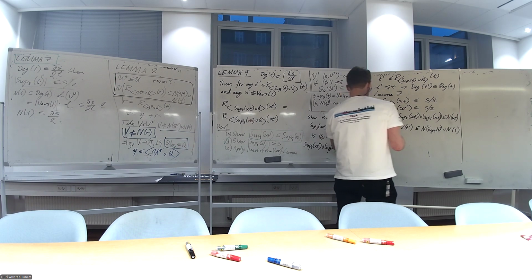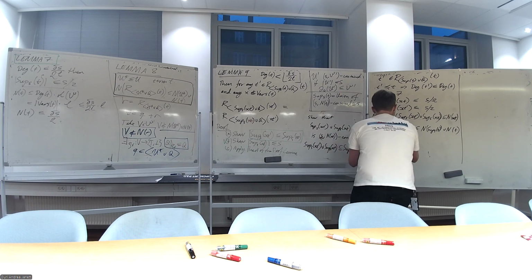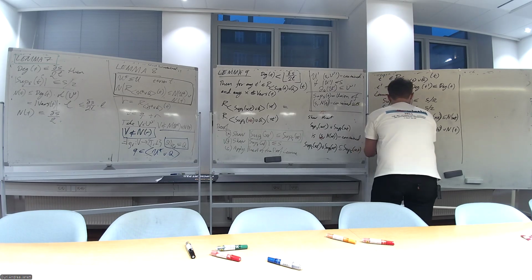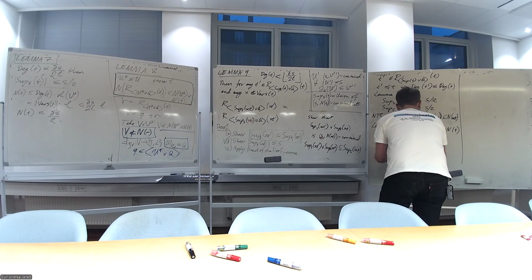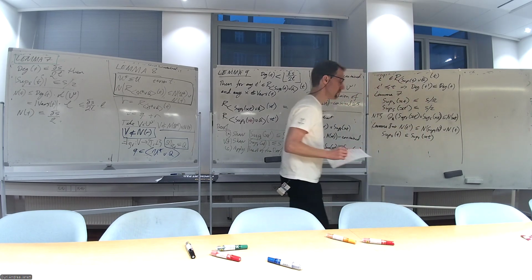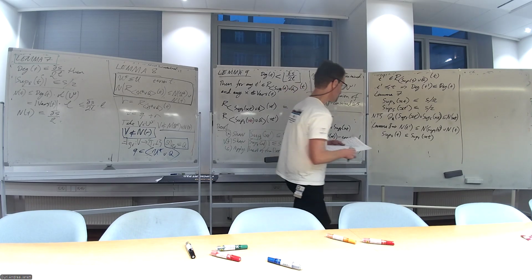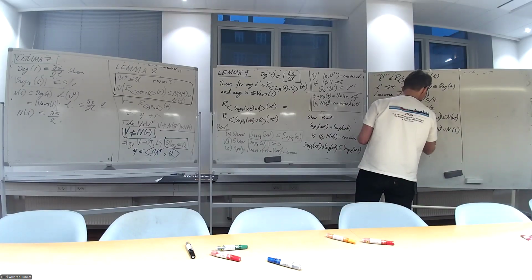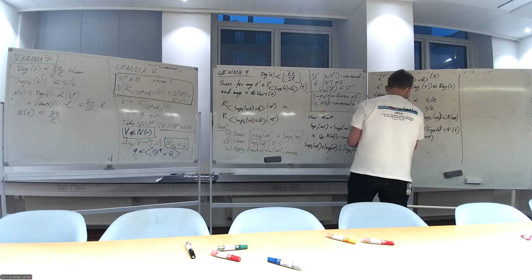Okay. Now, I also know that the support of t is clearly inside the support of xt, because this has a larger neighborhood than this has.